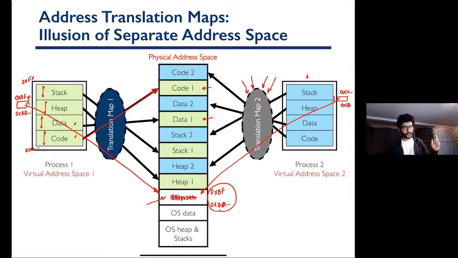If I want to be super formal and direct, the unit of allocation is not really segments in modern computers. It's called a page. And pages have different sizes depending on architecture, depending on system, depending on operating systems. Usually they are a few kilobytes in size.